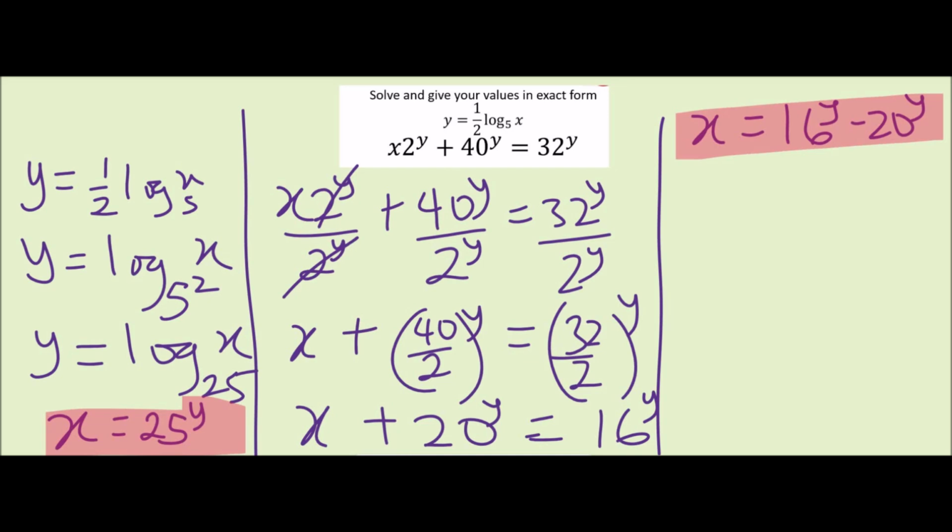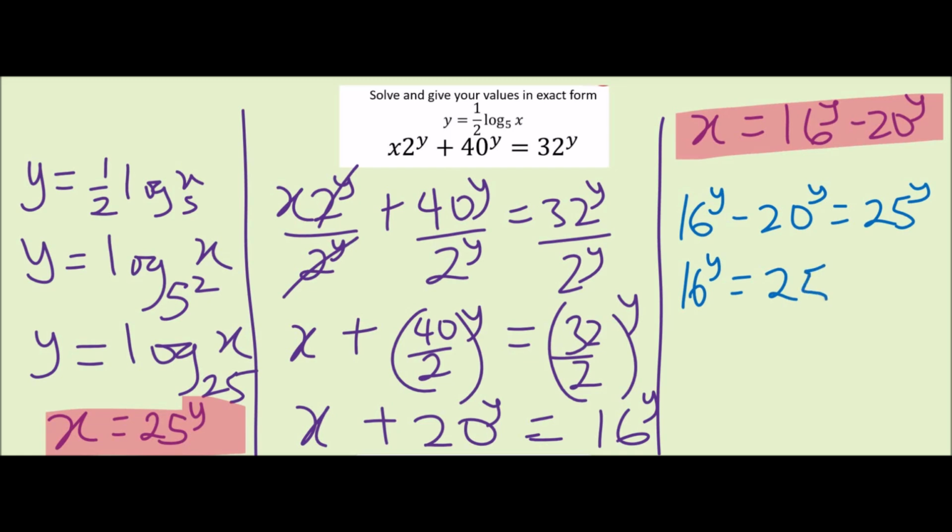So I have 16 to the power of y minus 20 to the power of y equal 25 to the power of y. This is the exponential equation that I have arrived at, which I need to solve. So this is 16 to the power of y equal 25 to the power of y plus 20 to the power of y.